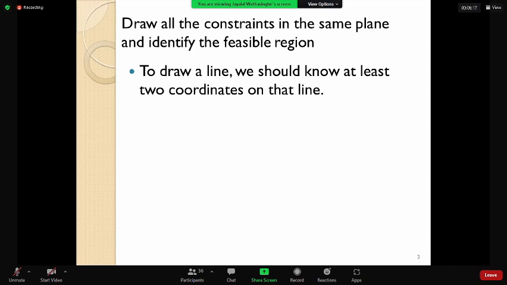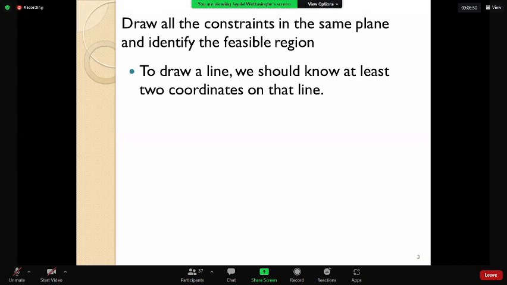That is the standard format of a straight line. So when we say x plus 3y equals 12, that is a straight line. So what we can do is find two coordinates of this equation, mark them in the Cartesian plane and join them by a straight line. Then we can draw the equation x plus 3y equals 12.